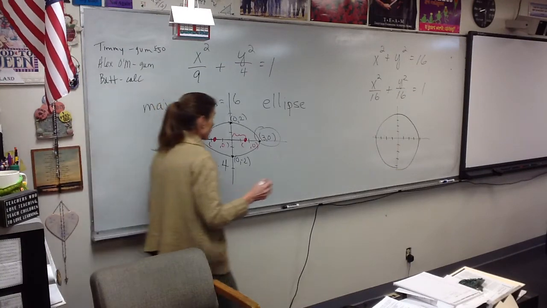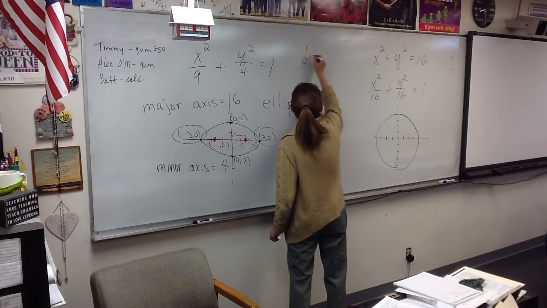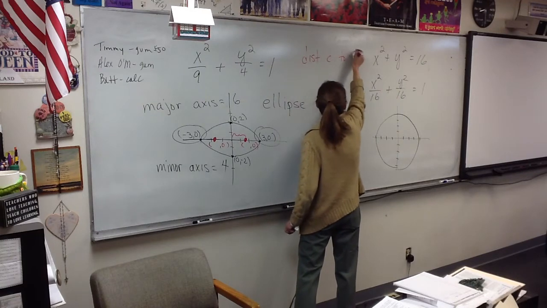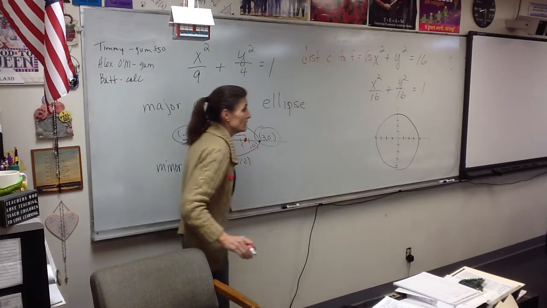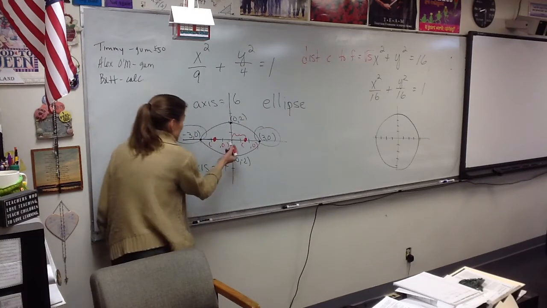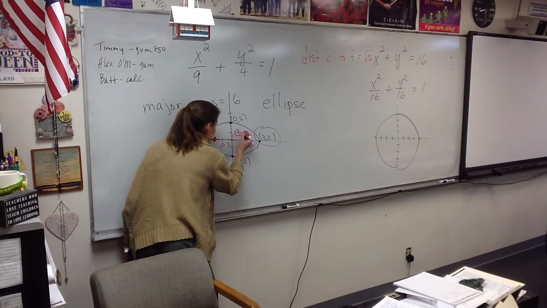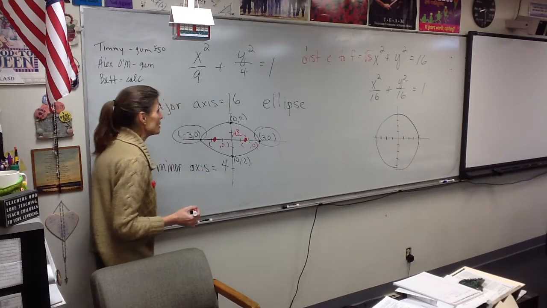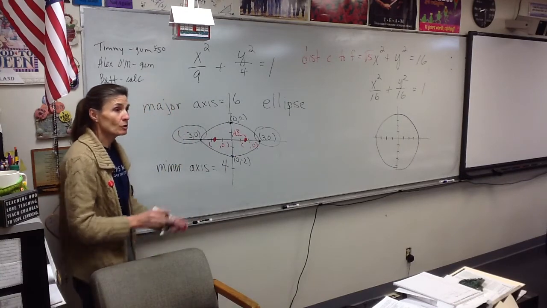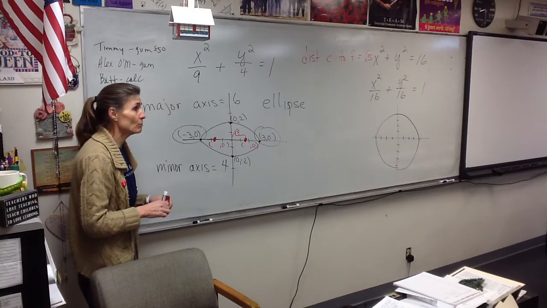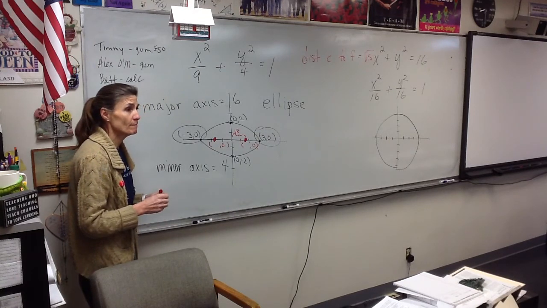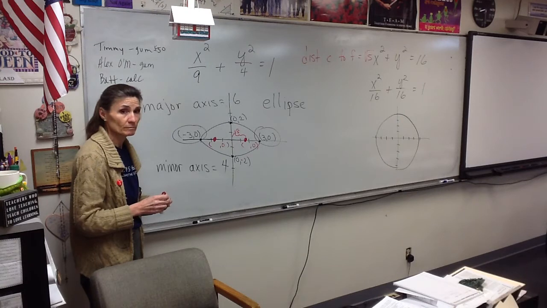In this ellipse, the distance center to focus is √5. Now, this distance right here is √5. Can you tell how I did that? Can you look at the equation and maybe see how possibly I got √5 out of that equation? 2 plus 3.